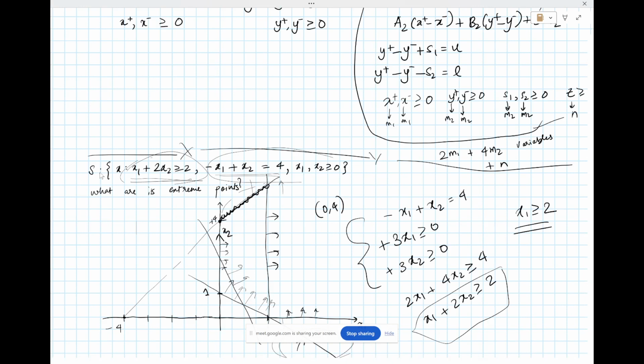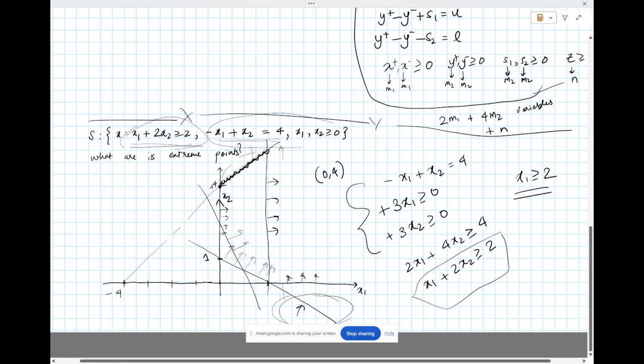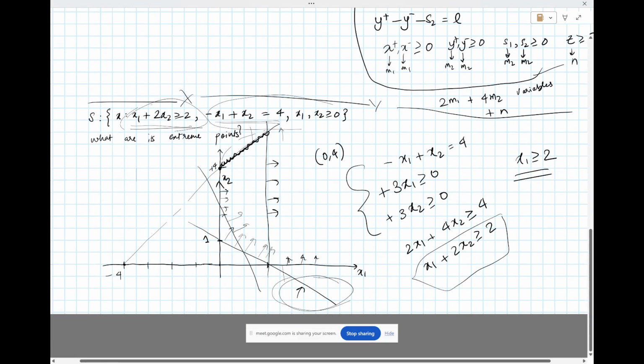There will be only one. Only one, right? Yes. And it will be... how did we write the extreme ray? How will we write that extreme ray? It will be something in this direction, right?